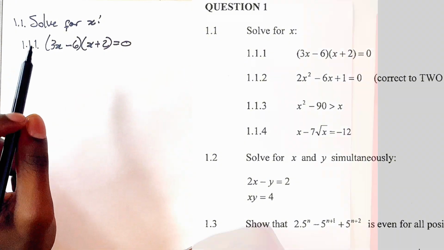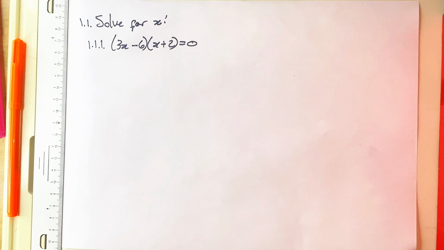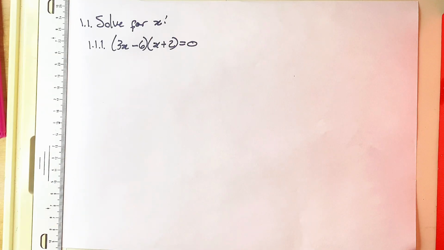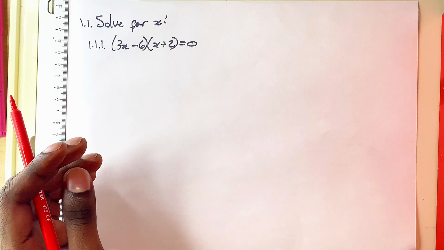Now, this is an equation for the mere fact that it has an equal sign. And the way that an equation works, it says that whatever is on the left-hand side must be equal to whatever is on the right-hand side. And whatever we do on the left, we must also do on the right-hand side.